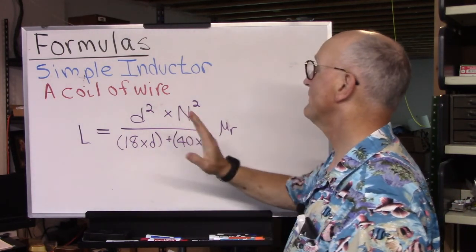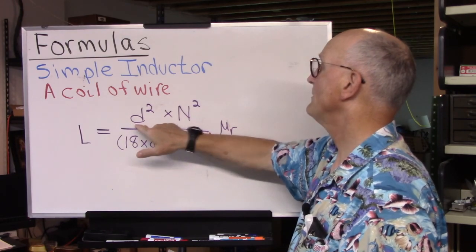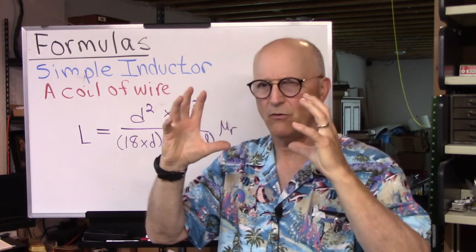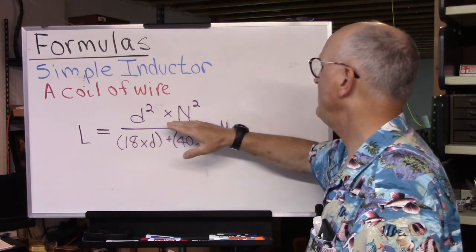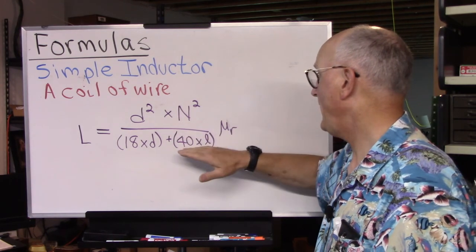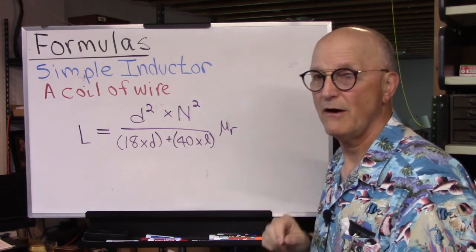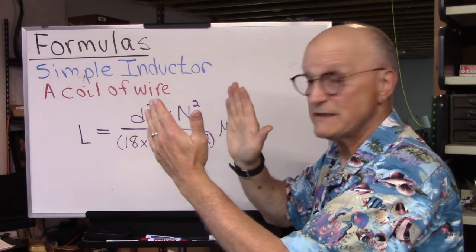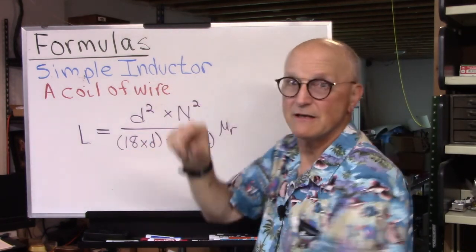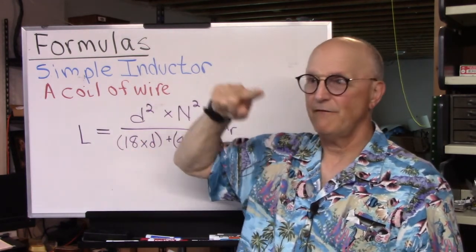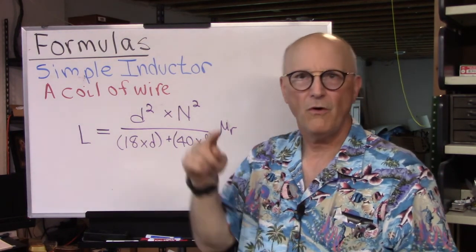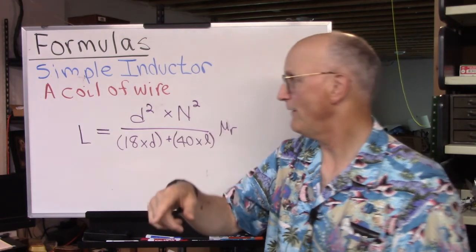Now comes a little bit of trickiness with the diameter. When you change the diameter of a coil, if you keep the number of turns and the length of the coil the same, then a larger diameter means a larger circumference, requiring more wire to wind the coil.